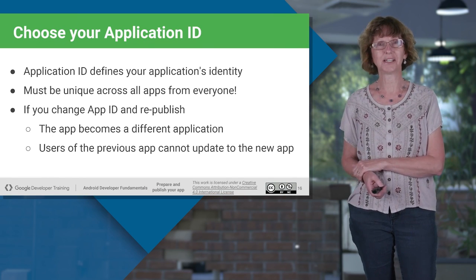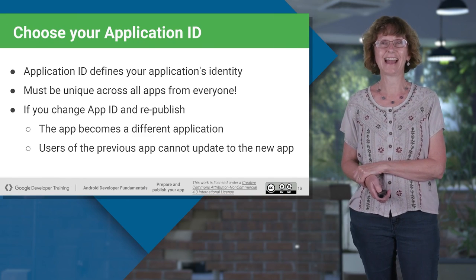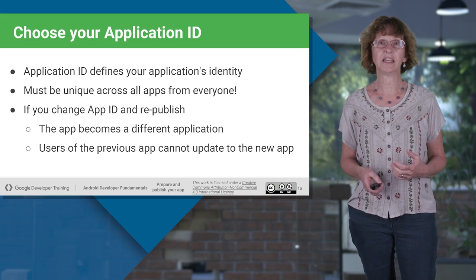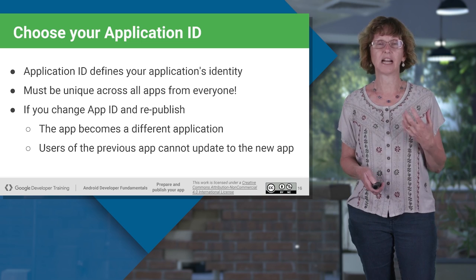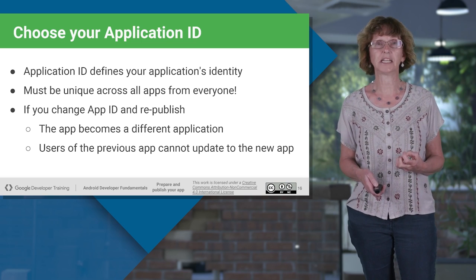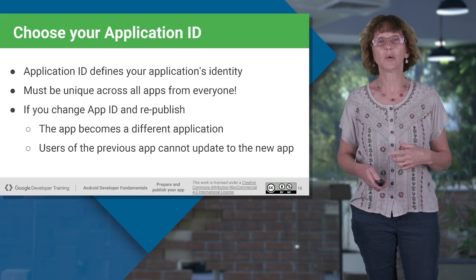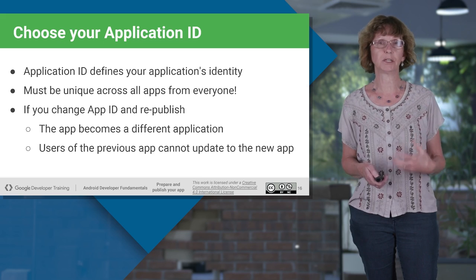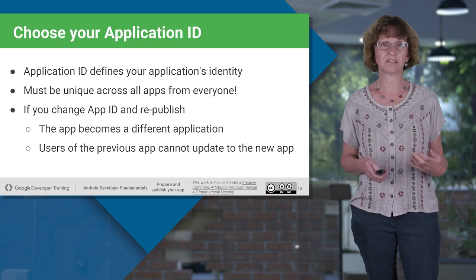So I want to talk a little bit about application ID. This can be a little bit confusing, but the application ID is your app's identity, and every app must have a completely unique ID. So when you create your app and you create your APK and it's got an ID and you put it up on Google Play, then it has that ID.